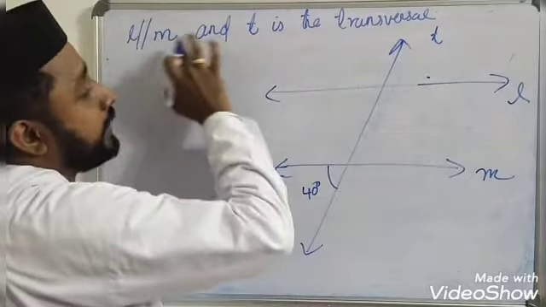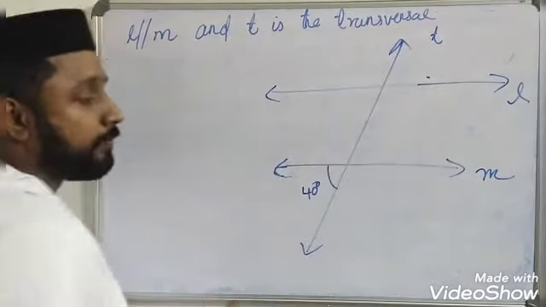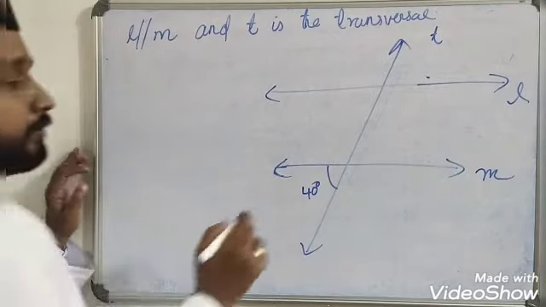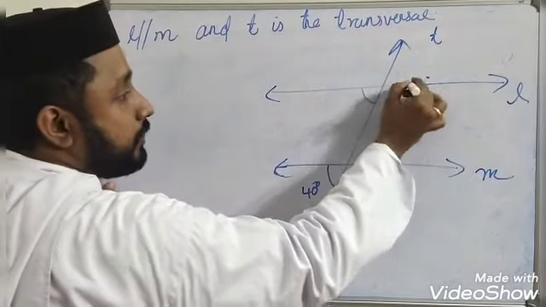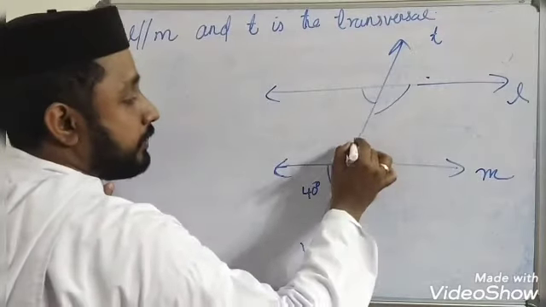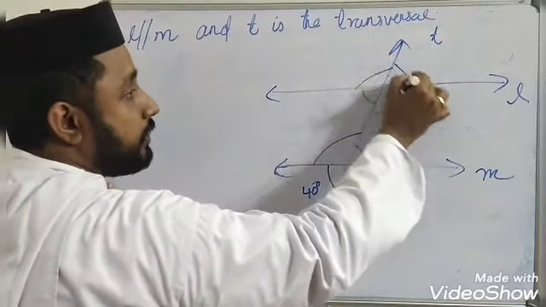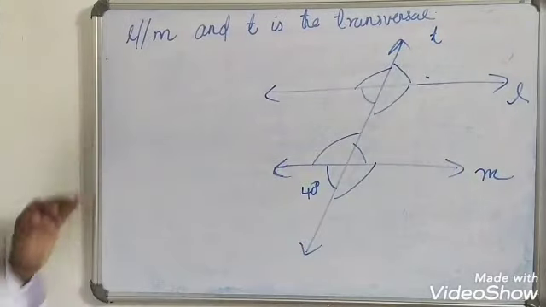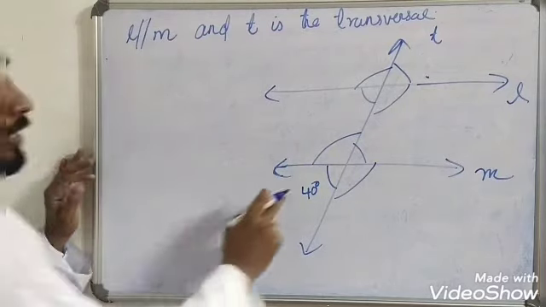We know L and M are parallel. We know two parallel lines cut by a transversal, corresponding angles are equal. So we can view this as, these are the angles. So 1, 2, 3, 4, 5, 6, 7, 8. So this corresponds to this.